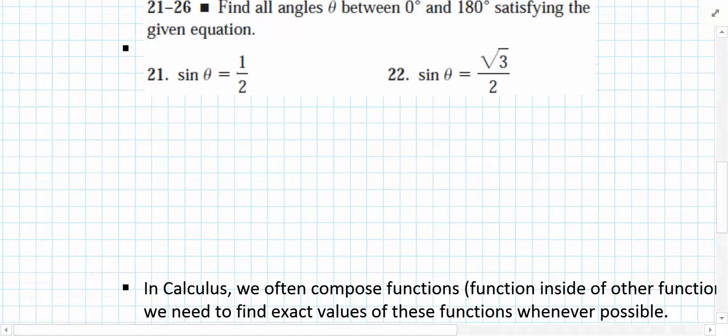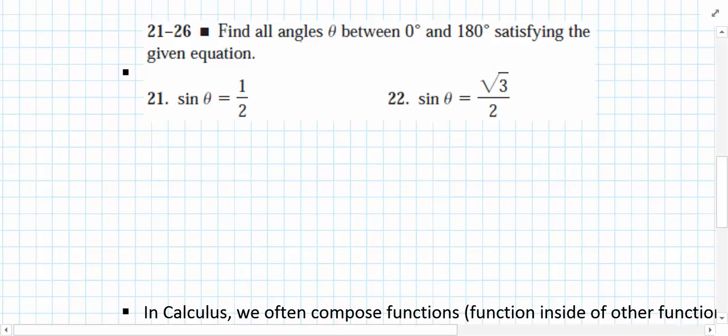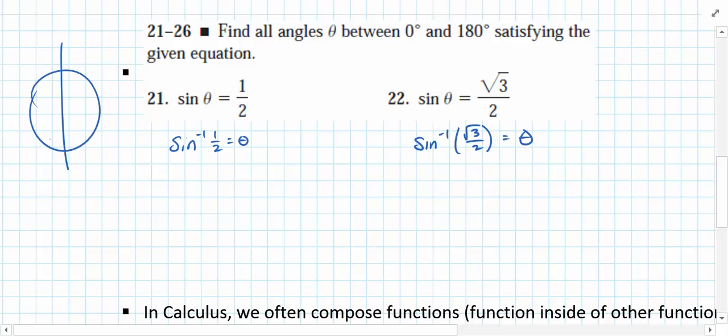Let's take a look at a couple other examples. We're again looking for any angles theta between 0 and 180 degrees that satisfy this equation. So because sine of theta is equal to 1/2, then sine inverse of 1/2 is going to be equal to theta. And over here, sine inverse of root 3 over 2 is equal to theta. Now I should know these answers. Which position in our unit circle has a y value equal to 1/2? Well, the only locations of a y value equal to half exist here and here.